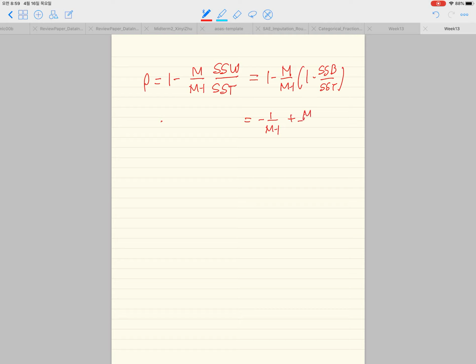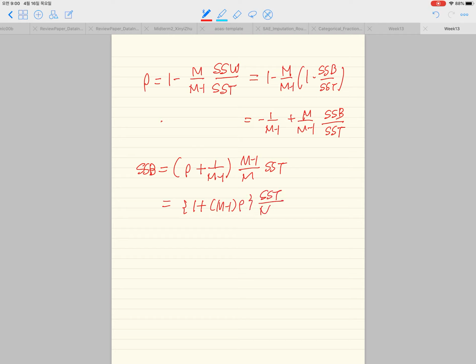Plus M over M minus 1 SSB divided by SST, and then SSB is equal to rho plus 1 over M minus 1, M minus 1 over M times SST. So that means 1 over M minus 1 rho SST divided by M. And so SB square is SSB divided by N minus 1.